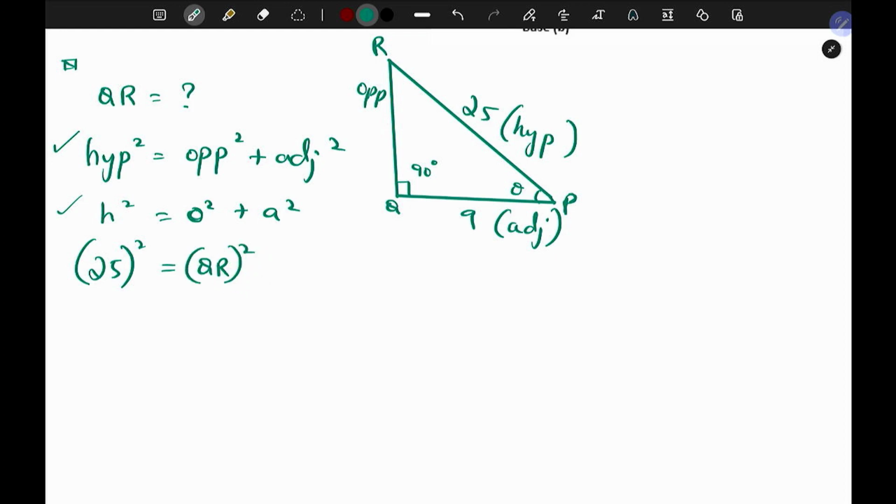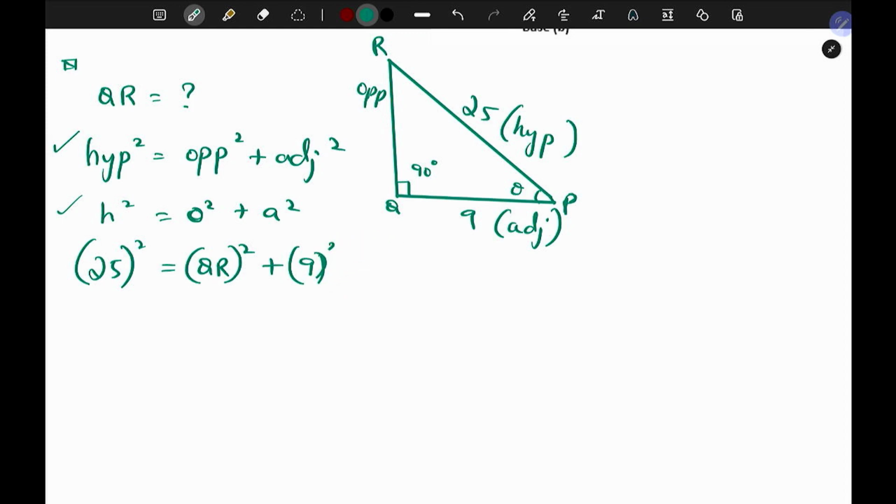Both ways are correct. And then plus A square, which is adjacent square. The value of adjacent is 9, so you write 9 with a square.